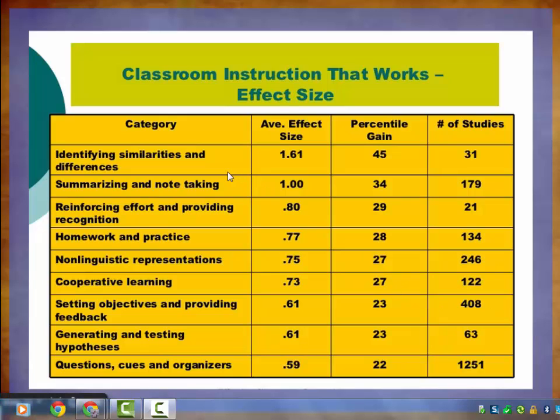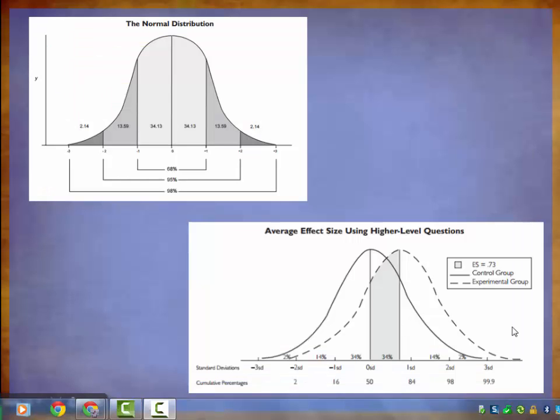And you can see, looking at the chart, these range from identifying similarities and differences, where there's an effect size of 1.61 with a potential percentile gain in achievement of 45%, and that's based on 31 studies, and that ranges down to questions, cues, and organizers, which have an effect size of 0.59, a 22% potential gain, and that was based on a lot more studies at 1,251. The graphs display normal distribution of student achievement, or the bell curve.